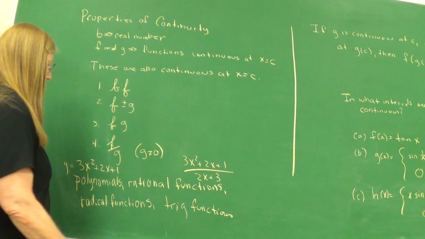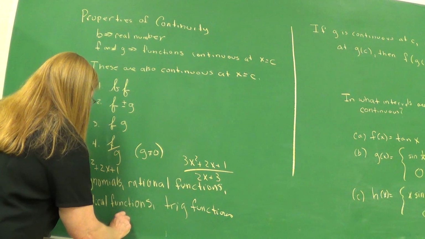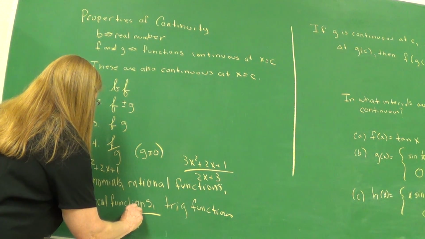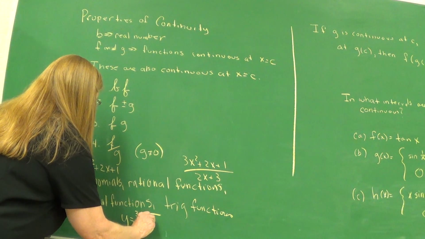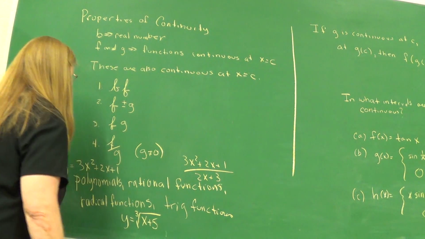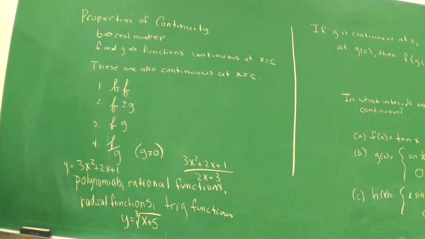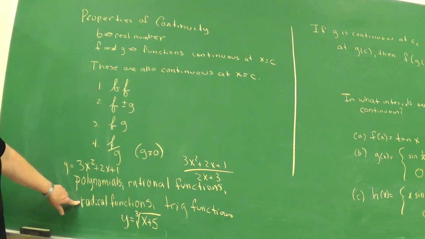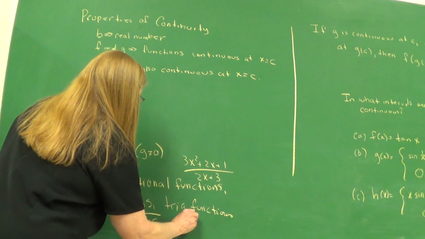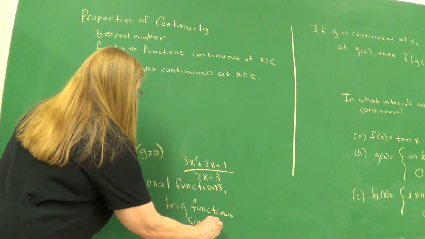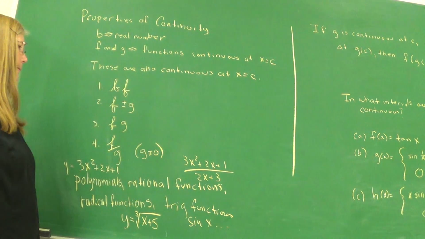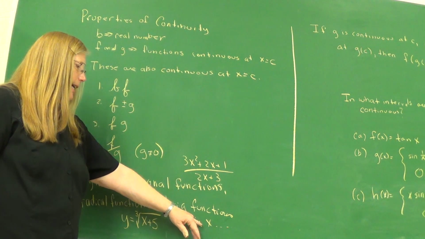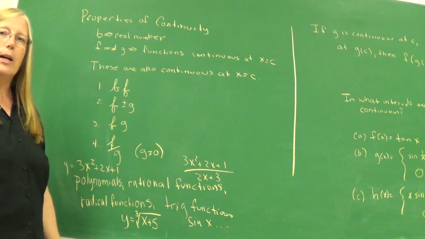Radical functions that have square roots in them, so y equals the square root, or let's say the cube root of x plus 5, that kind of function is a continuous function. And all our trig functions, sine x, cosine x, etc., are continuous at a given point, so if it's continuous at x, then sine x is as well.